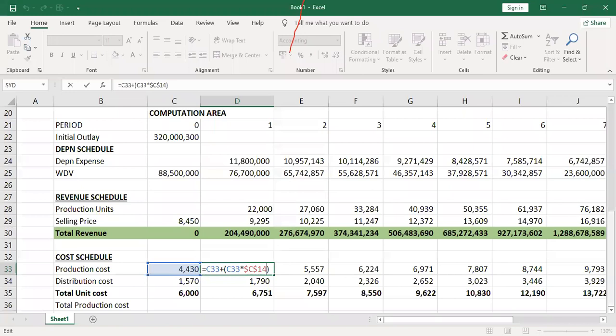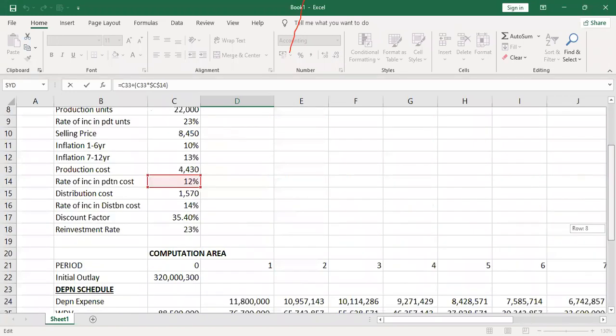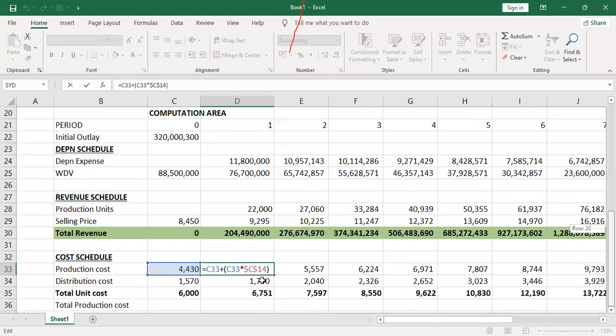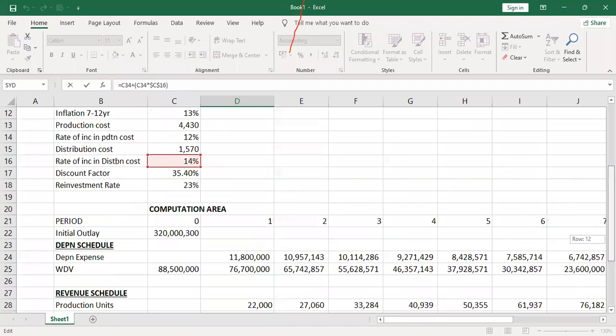I've used the rate of increase in production, I've used 12. Rate of increase in the distribution, I've used 14. So that's what I have used, the correct percentage.